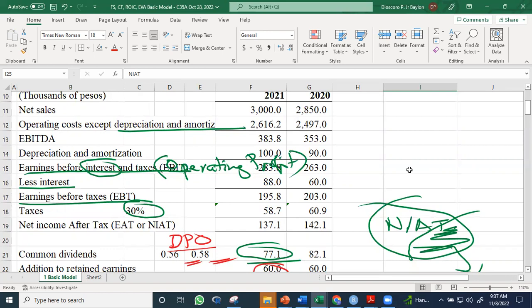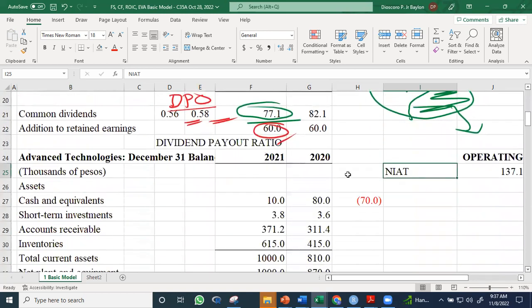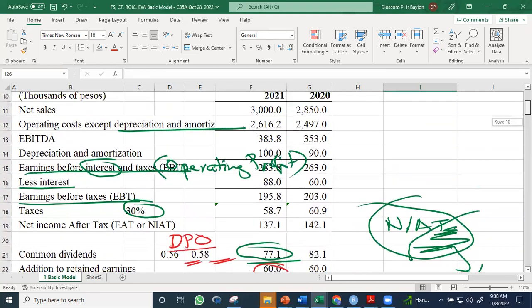So that's the reason why the net income after tax is not equivalent to cash. Since we're constructing the statement of cash flows, we have to adjust this and convert it into cash. So what do we need to do in order to adjust the net income after tax into a cash item?